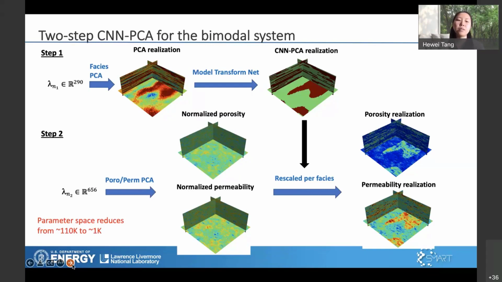In this case, we can efficiently reduce our parameter space from around 100K to 1K, which is a significant reduction.